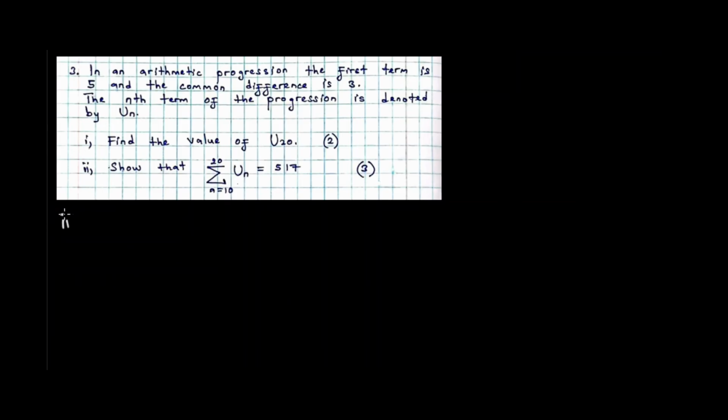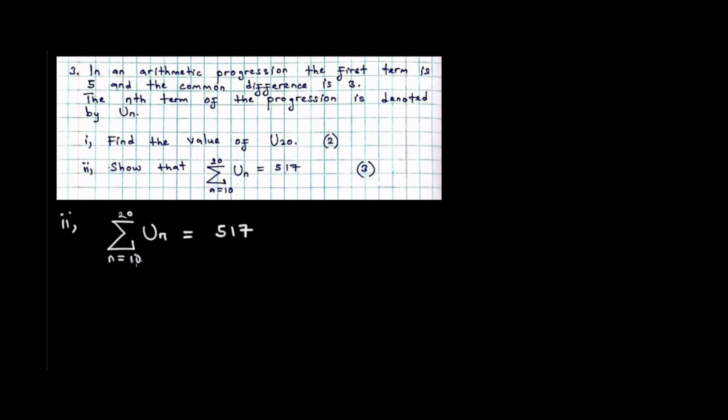For the second part of our question, we are told to show that the summation from n equal to 10 up to 20 of the nth term is actually equal to 517.